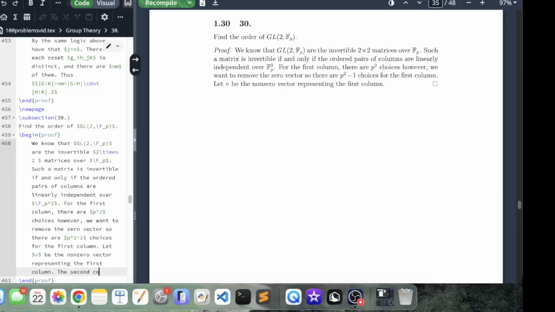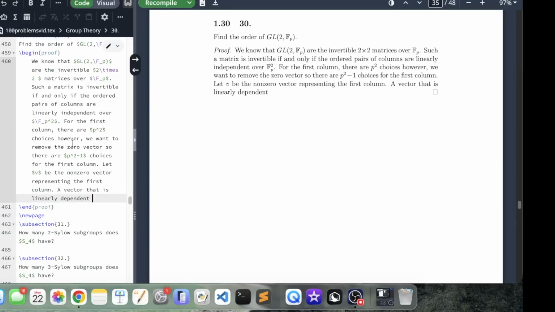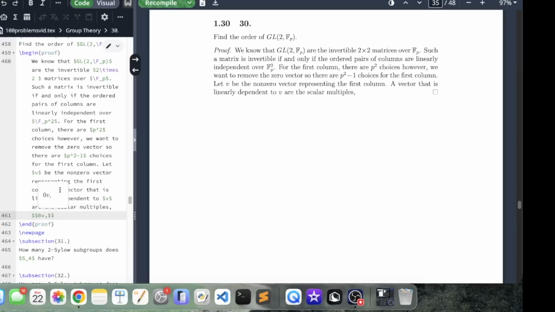So a vector that is linearly dependent, so not independent, but linearly dependent on v, are the scalar multiples, and we can represent this like 0v, 1v, and so on, up to (p minus 1)v. Scalar multiples of v.